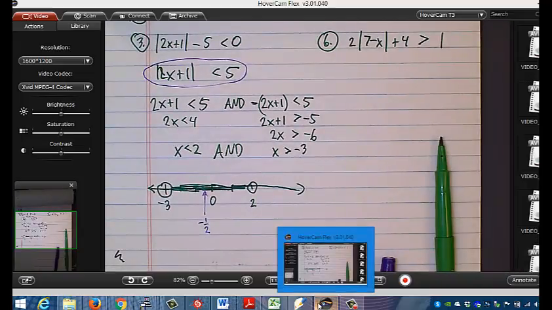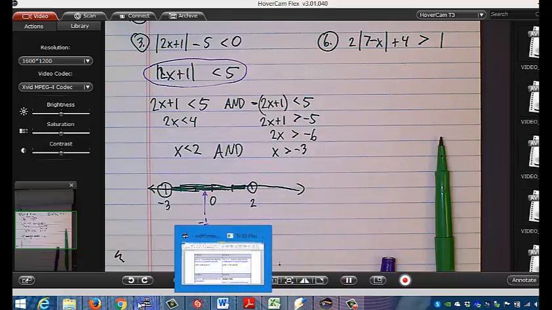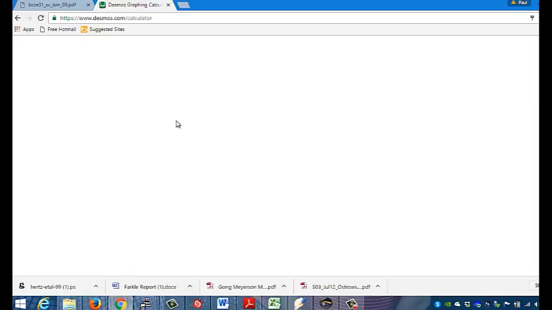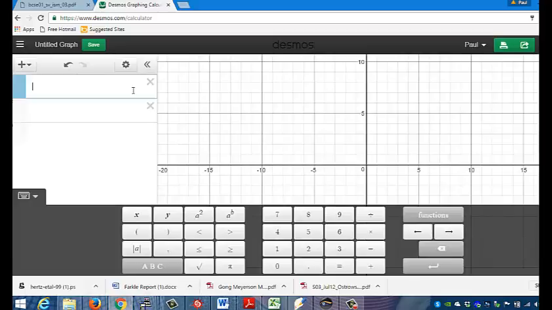Let's graph on Desmos a picture of this. 2x plus 1. And they have these absolute value bars, which is nice. 2x plus 1, right? And I want to figure out when it's less than 5. So I could write minus 5. And let me go ahead and write y equals.